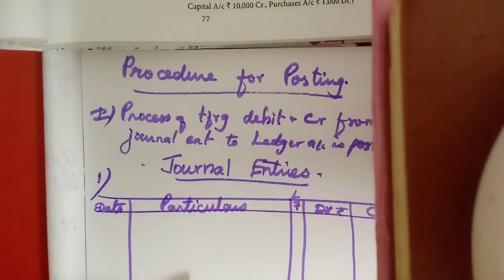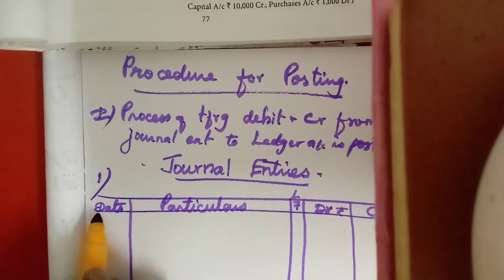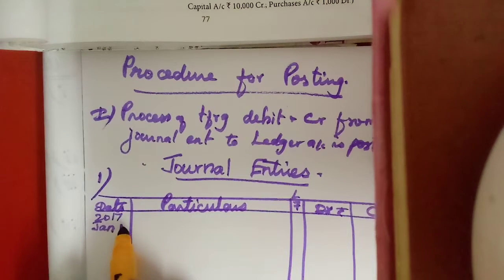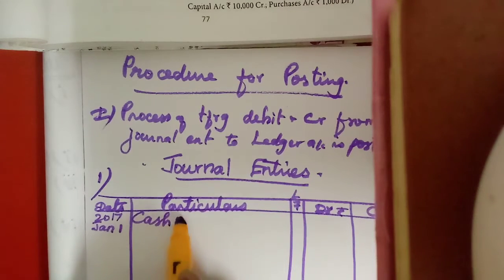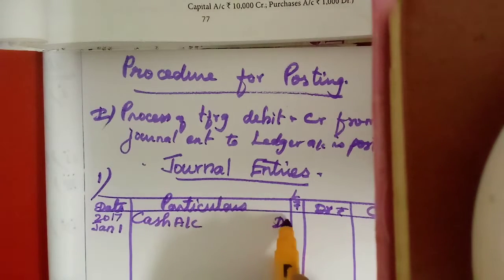First one, started business with cash. First we should write the year, 2016 Jan 1. What is the entry? Cash account debtor to capital.